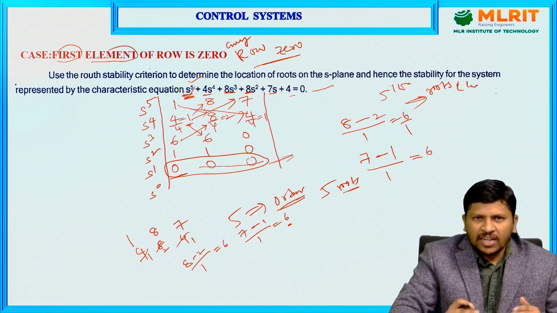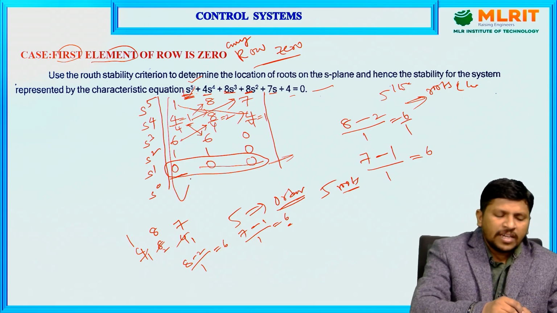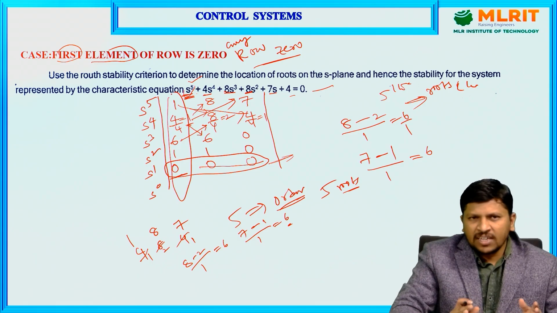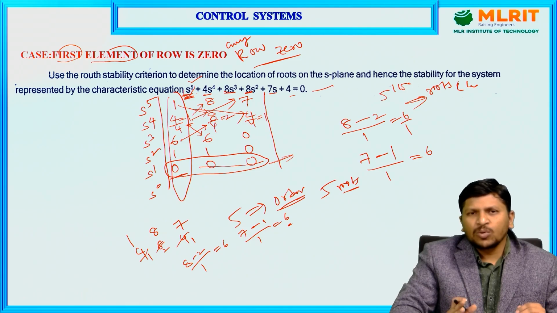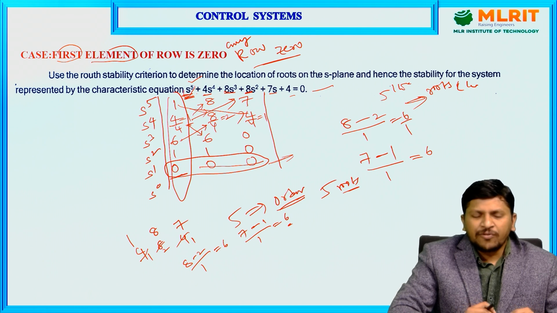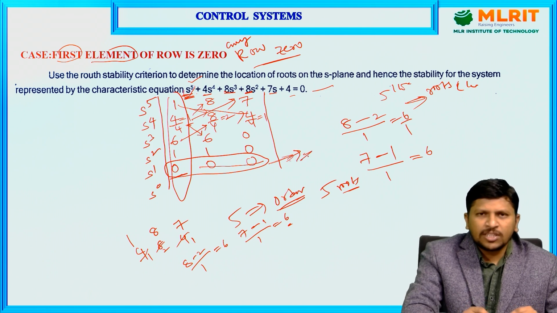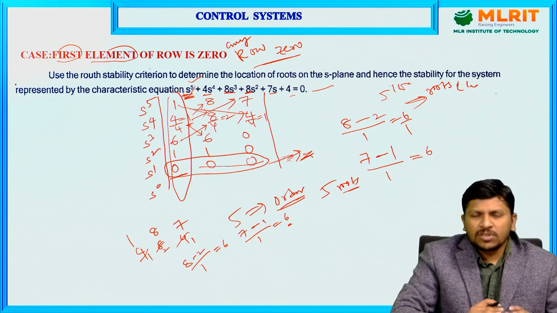Then finally we are going to observe the complete first column. Whether any row elements are positive or negative, or any sign changes are there, we are going to observe that. After that, finally we are going to say the given system is a stable system, unstable system, or marginally stable system. If a complete row is going to be 0, most of that system is going to be marginally stable or conditionally stable.